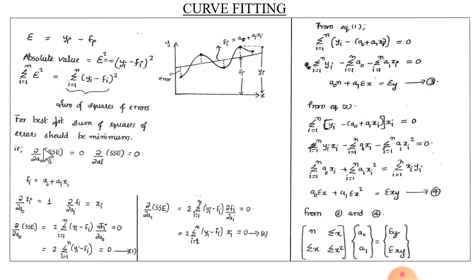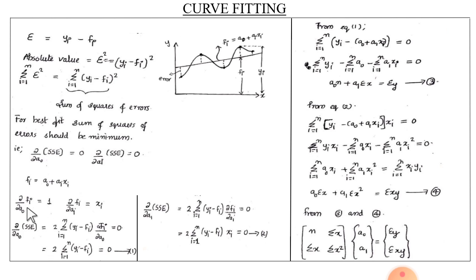So dou by dou a0 of SSE equal to 0 and dou by dou a1 of SSE is equal to 0. Here we know the equation for a straight line is fi equal to a0 plus a1xi.